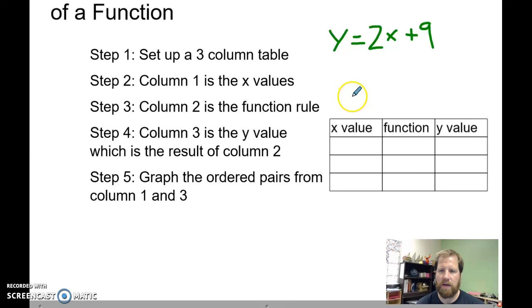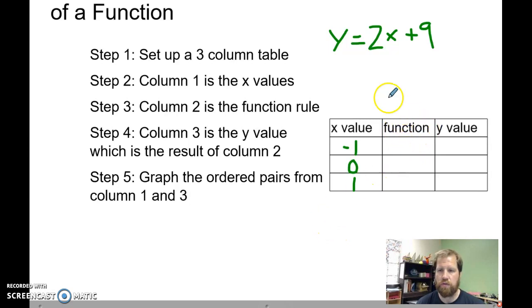And generally, we start with -1, 0, and 1. Okay, and that lets us look at negative value inputs, 0 value inputs, and positive value inputs. And those are the most likely values to give us a change. All right, they're also the most likely values to be close to the origin, so it's easy to graph.